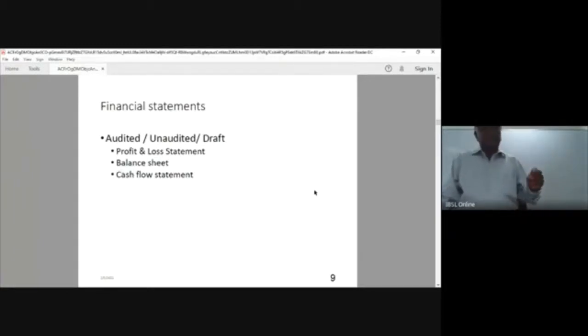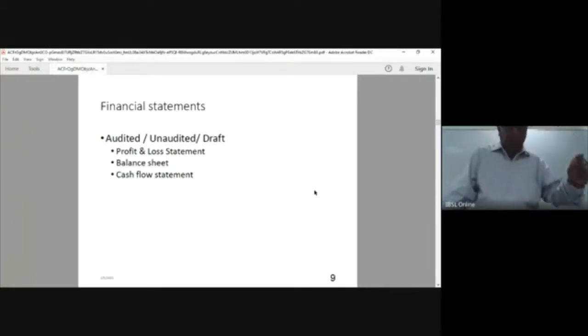Finally, the document is signed together with the auditor's opinion. Then we call it an audited financial statement. Unaudited means the company accountant prepares the financial statement and hands it over to the auditors.